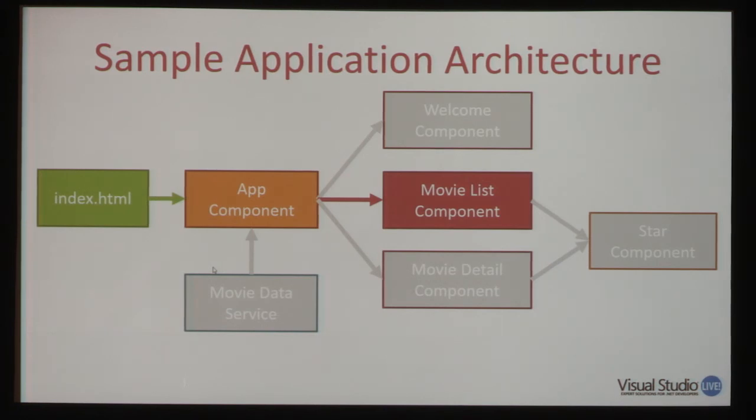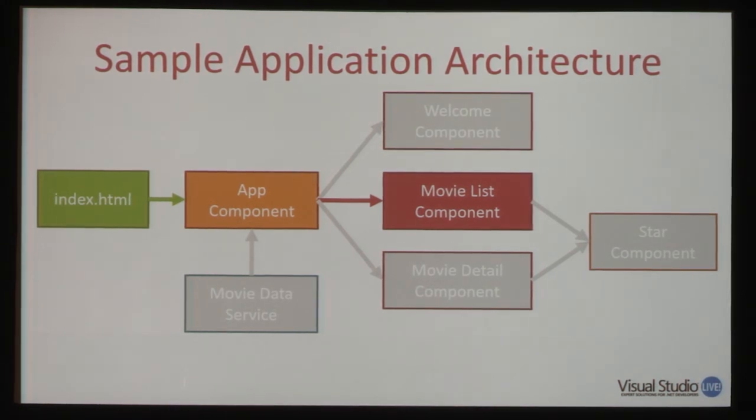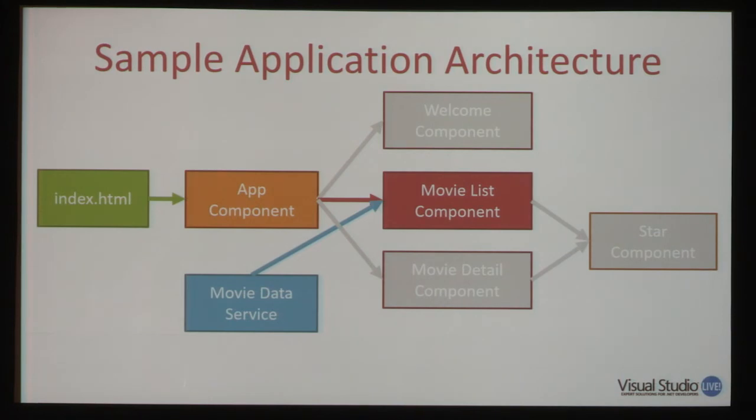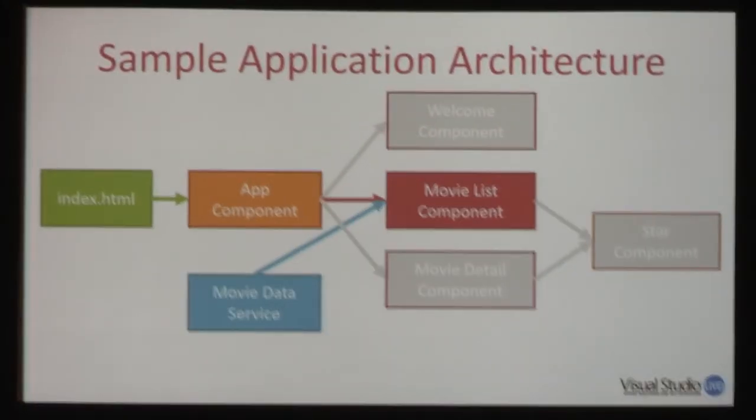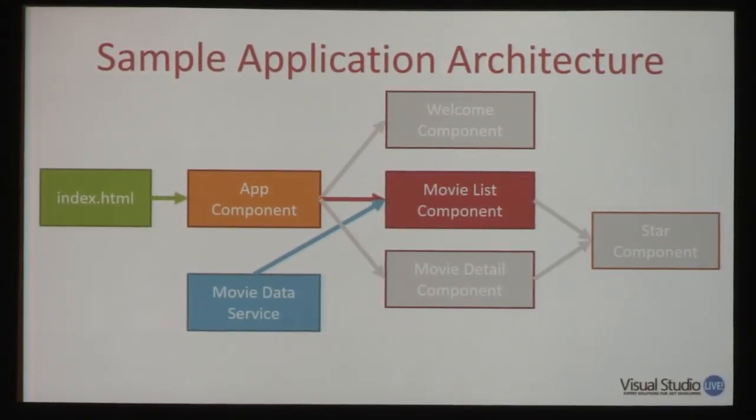So now this is what we have. But what we need next is our movie data service, because right now, as you saw, we just have our movies hard-coded in, and we wouldn't want to write an app like that. So we want to have a service that's going to provide our list of movies for us.